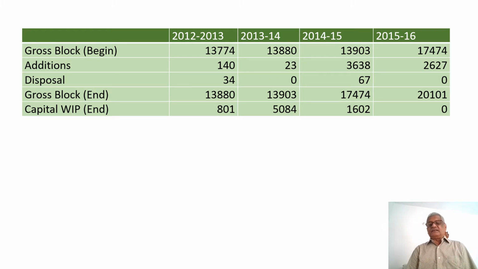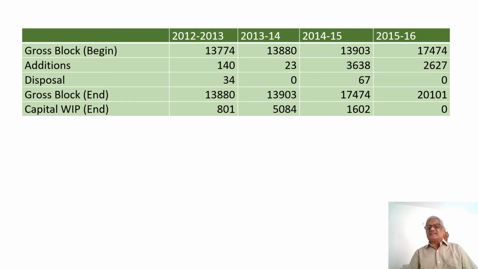Now look at the capital work in progress. That is, capital work in progress is incomplete and some work is going on. Say for example, a building under construction, 801, it has increased to 5084 and reduced to 1602. And that reduction, the difference between 5084 and 1602, is getting added to the gross block.